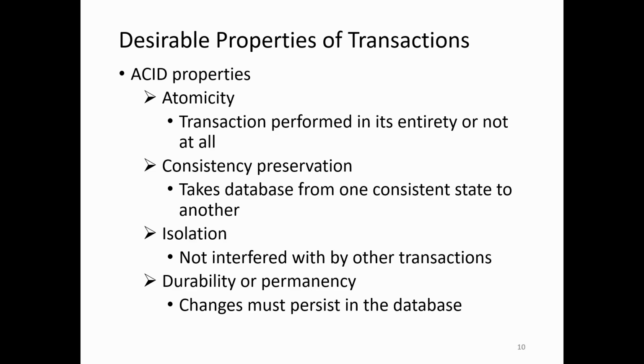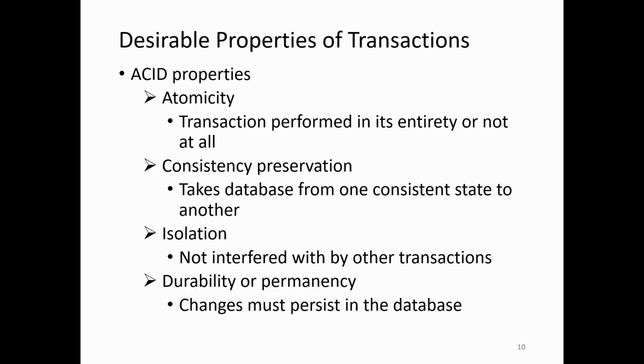So this is a very useful topic: the desirable properties of a transaction, right? If we take a particular transaction, these are the properties of that transaction. We call them the ACID properties.